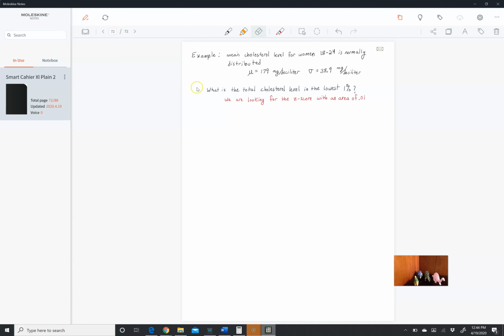So notice here, because it says lowest, the word lowest tells us we don't need to subtract from 1. If it says highest, we do. So lowest means, this is just a note that I'll put off to the side.